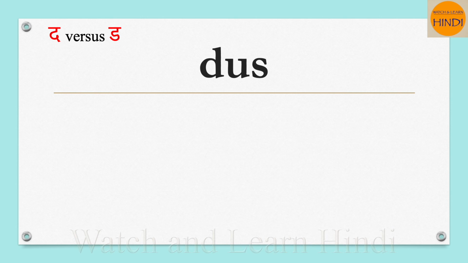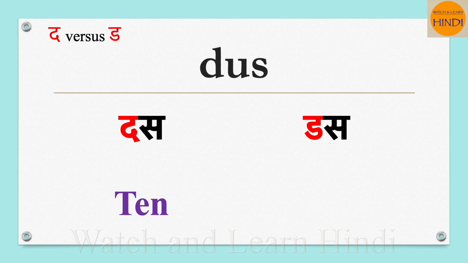Next is dus. We can read it as thus or thus. Thus is 10, as in number 10, and thus is a sting, like a scorpion sting or a snake bite also.